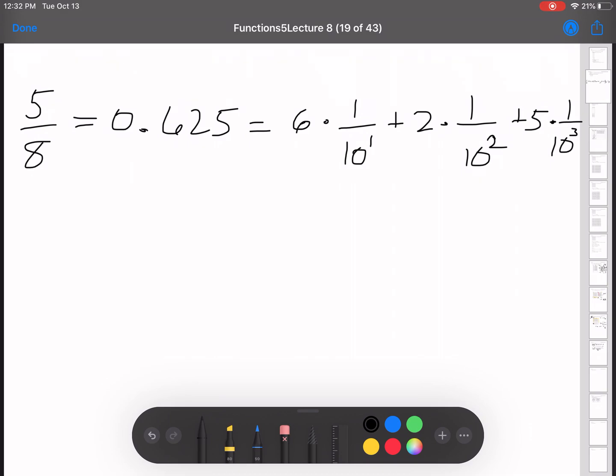All right, so this was base 10. Now look at binary, or base 2.